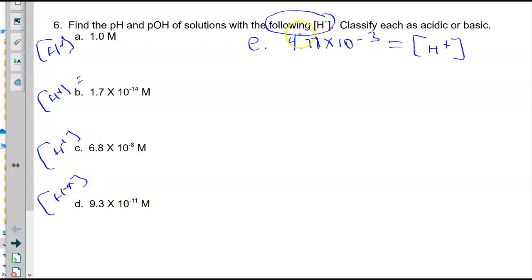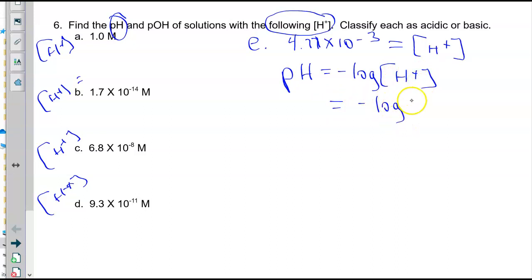If this was your example, here's what you would do. We need to solve for pH. We know pH is equal to the negative log. You need to show the basic formula every single time, all 4 of these. So negative log of, in my example, 4.77 times 10 to the negative third.